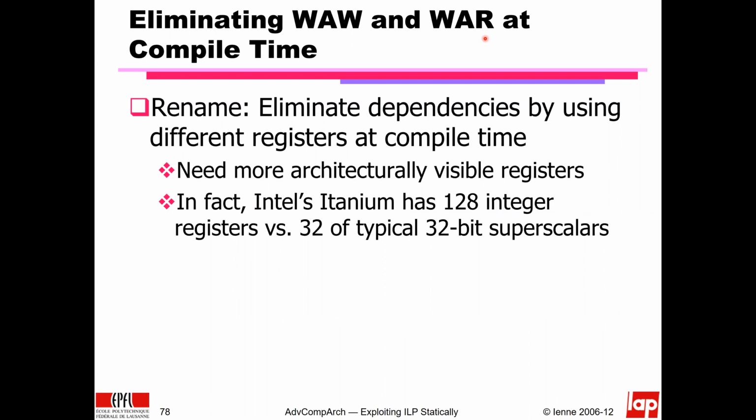So we want to rename so that we can schedule really freely. This is true everywhere, right? We don't want to be limited by registers and to create scheduling constraints by the number of registers, but that also means that we need more resources.